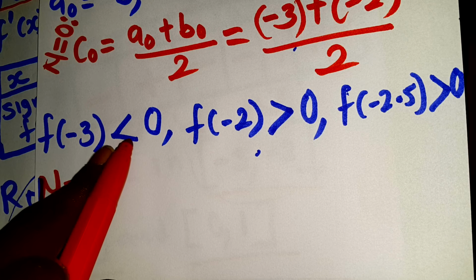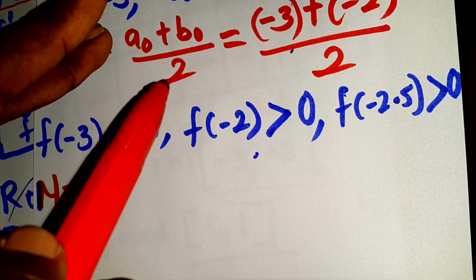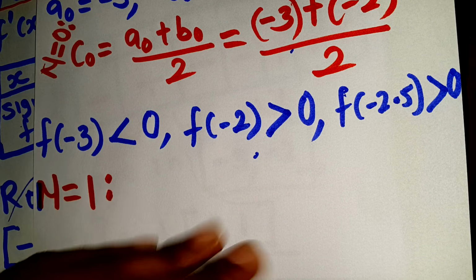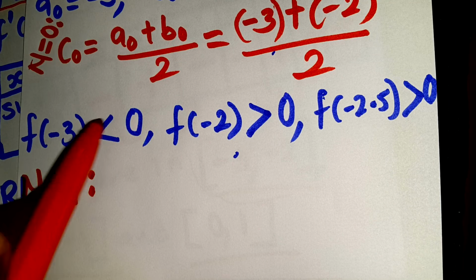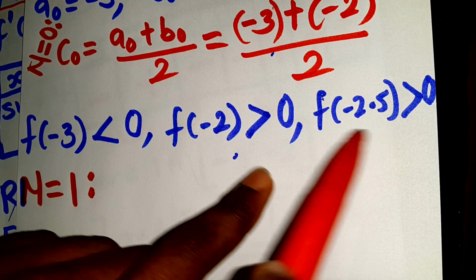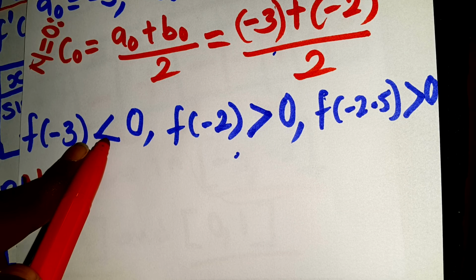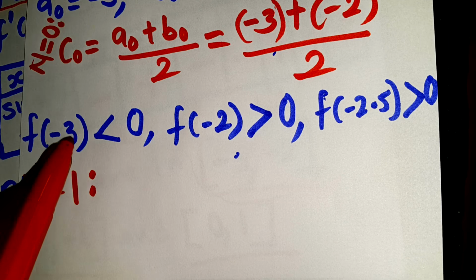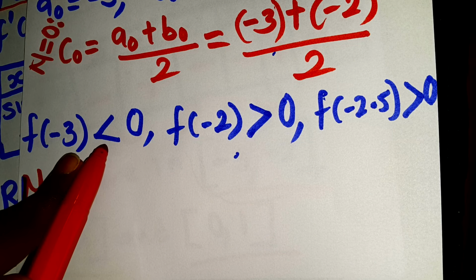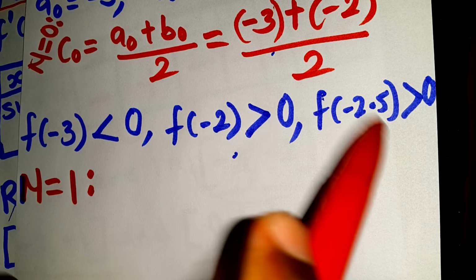We have negative, positive, positive. You can only choose the point where the signs are changing. Here it's negative, here it's positive, but this one is positive and positive. So we cannot choose minus 2 and minus 2.5. We can only choose minus 3 and minus 2, or minus 3 and minus 2.5, because this is negative, and the next sign you choose must be positive. You can't choose positive and positive here.